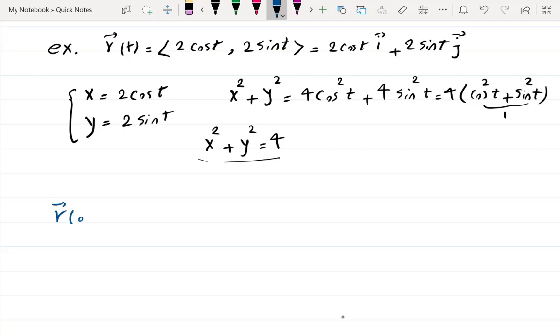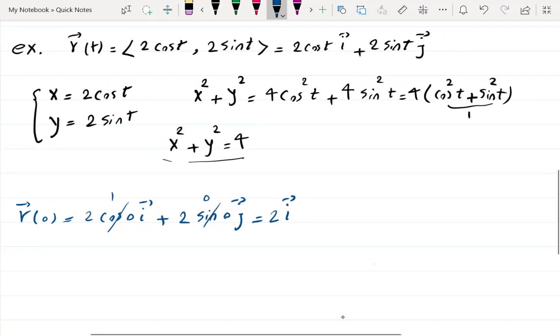First, we plug in 0. r of 0 is equal to 2 cosine of 0 i plus 2 sine of 0 j. Cosine of 0 is 1, sine of 0 is 0. So this is equal to 2i.